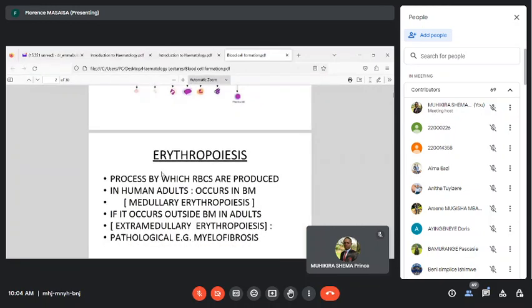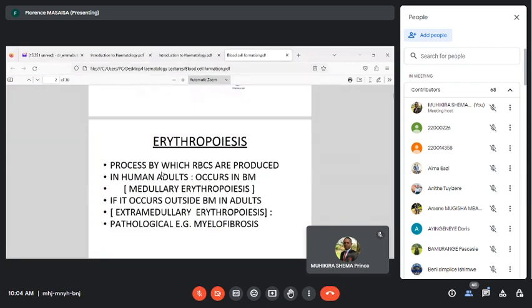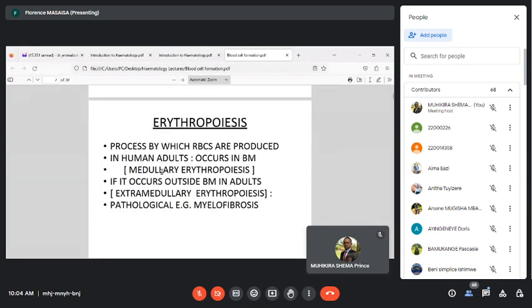We have said that in the human adult, it occurs in the bone marrow, which we call medullary erythropoiesis, but it may also occur outside the bone marrow, which we call extramedullary erythropoiesis, mostly in case of myelofibrosis. Myelofibrosis means that the bone marrow is becoming fibrotic, either due to excess cell production or any other cause, and it may be primary without any clear cause.